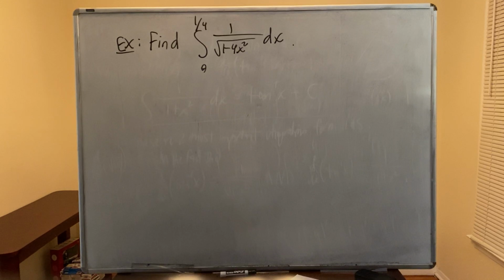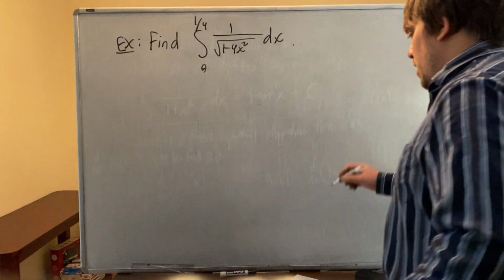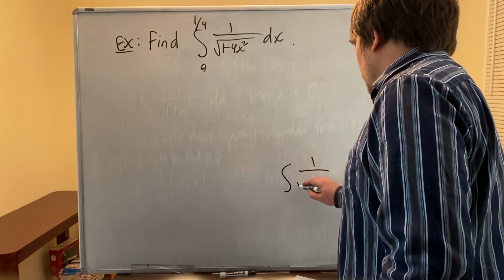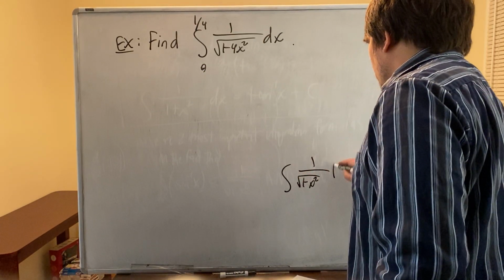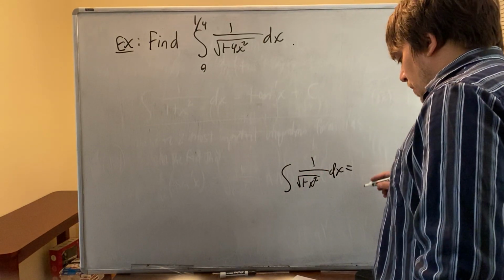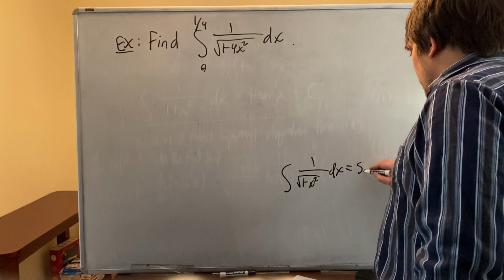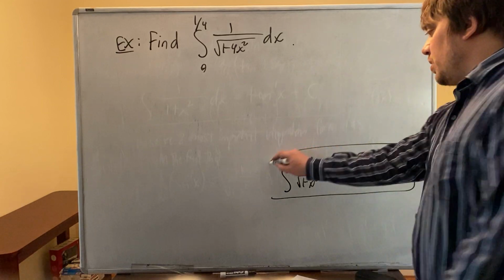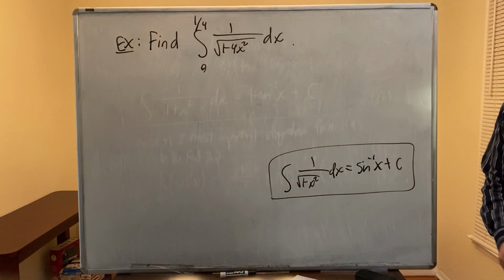Okay. And so let's also, as a fact, remember that the integral of 1 over the square root of 1 minus x squared dx is equal to sine inverse x plus c. Okay, so we're going to need this equation for this problem.